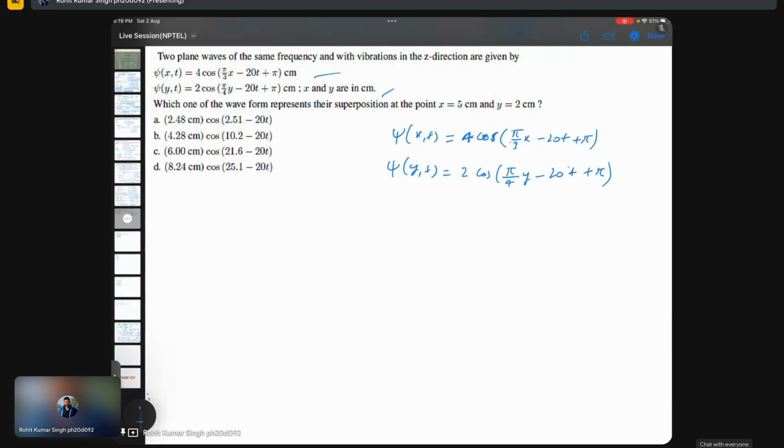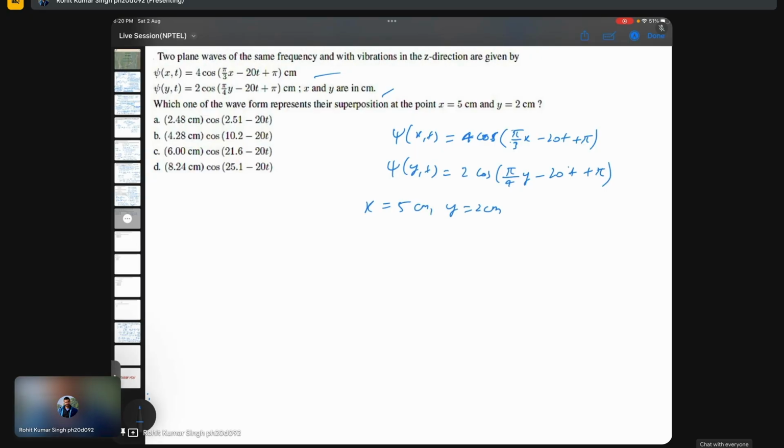Both are traveling waves in different directions, and we have to find the superposition at x equal to 5 centimeter and y equal to 2 centimeter.